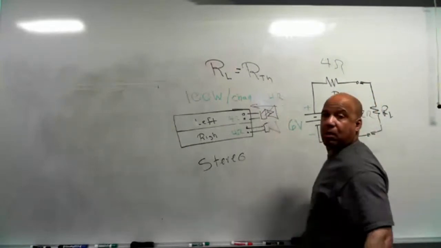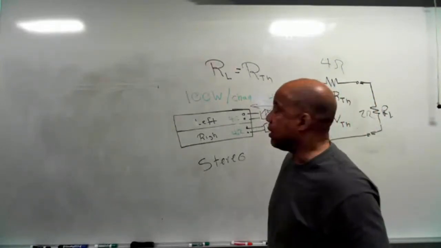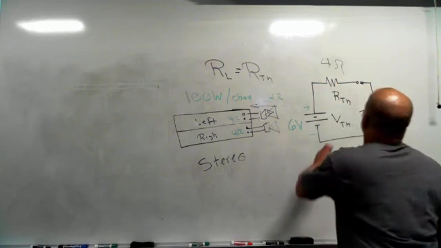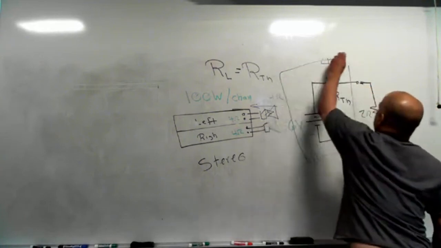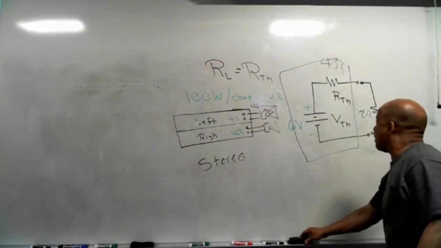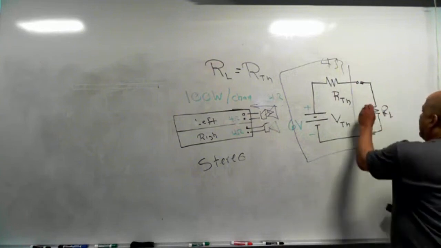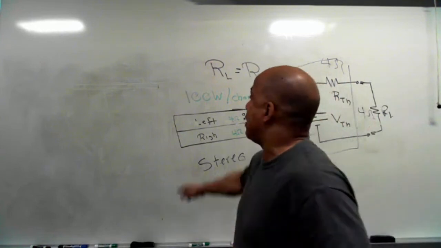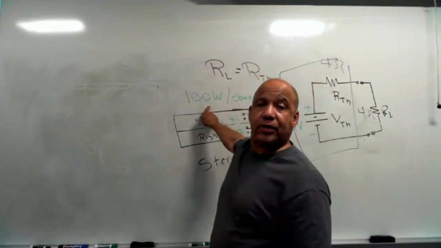It's got to be 4, just like Newton's cradle. So if this was the amplifier, and the load was the speaker, I got to make that 4 ohm. If it was any number other than 4, I wouldn't get anywhere near 100 watts.